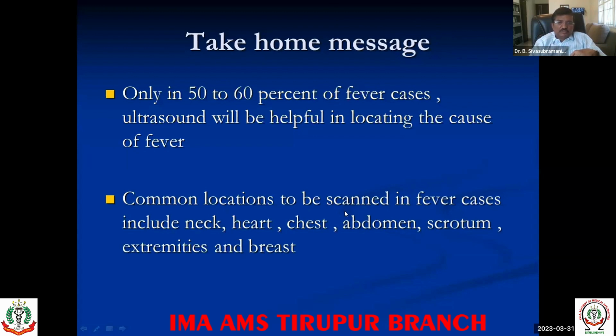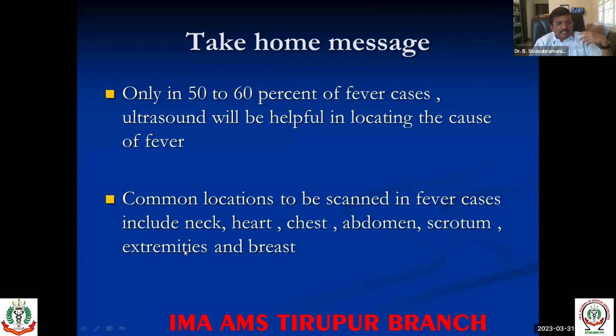And the abdomen is one of the major sources for fever, and we often pick up a lot of things which are clinically not suspected. Many times clinicians are not suspecting where exactly it is, but the abdomen shows a lot of findings which are the cause of the fever. The scrotum again is another major cause for fever.